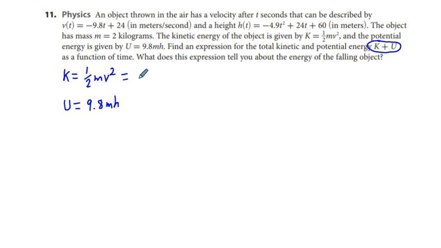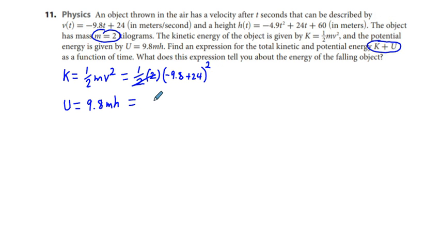And so working to the right, we have 1/2 for K, and m equals 2, so 1/2 times 2. And we have v squared. v is right here, negative 9.8t plus 24, quantity squared. So that's going to be K. The 2 over 2 will cancel.